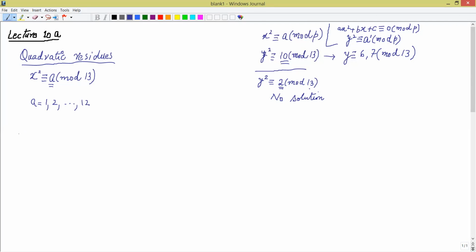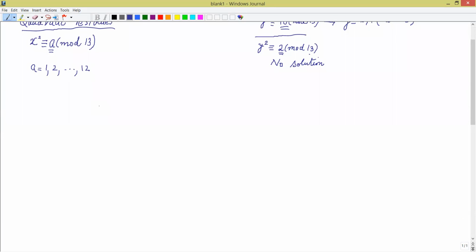For example, if you look at 1, so if we take a equal to 1, x square is congruent to 1 modulo 13.